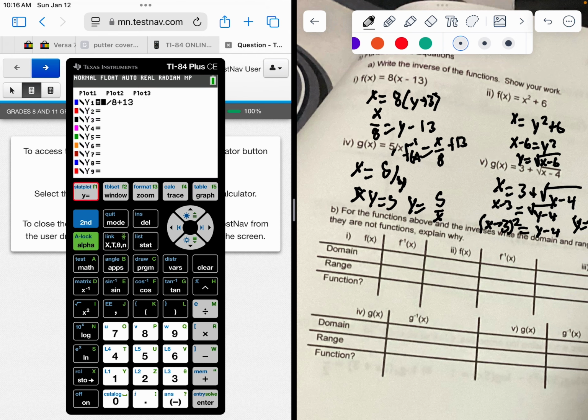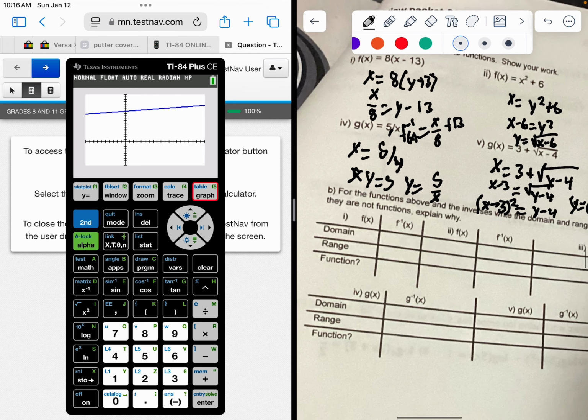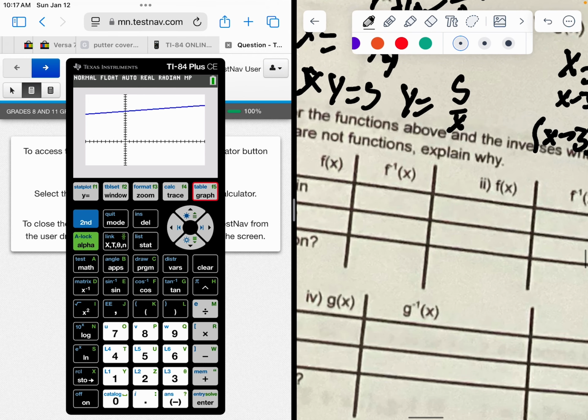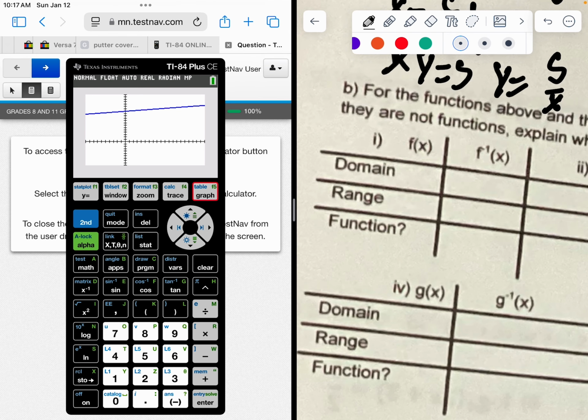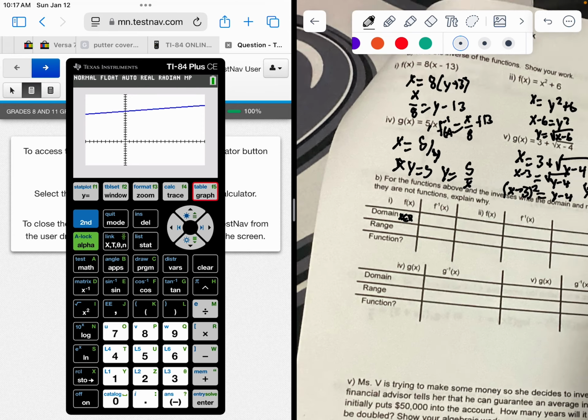Looks something like that. Okay. Domain is all real numbers for f of x.